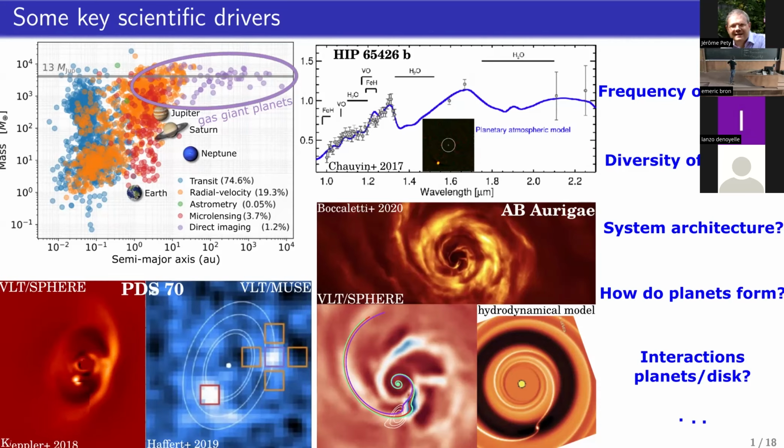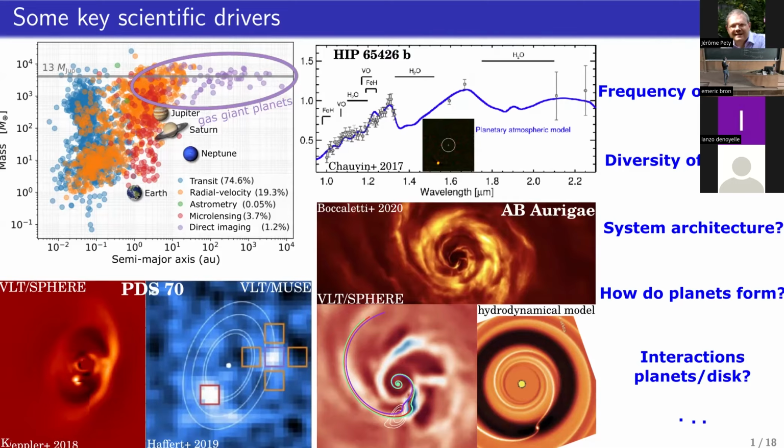And the population in purple represents the population of gas giant planets uniquely probed thanks to direct imaging. Other questions concern the diversity of the systems, the formation and evolution processes involved in the formation of the planets, and also their interaction with the circumstellar material, because they can form inside this material.